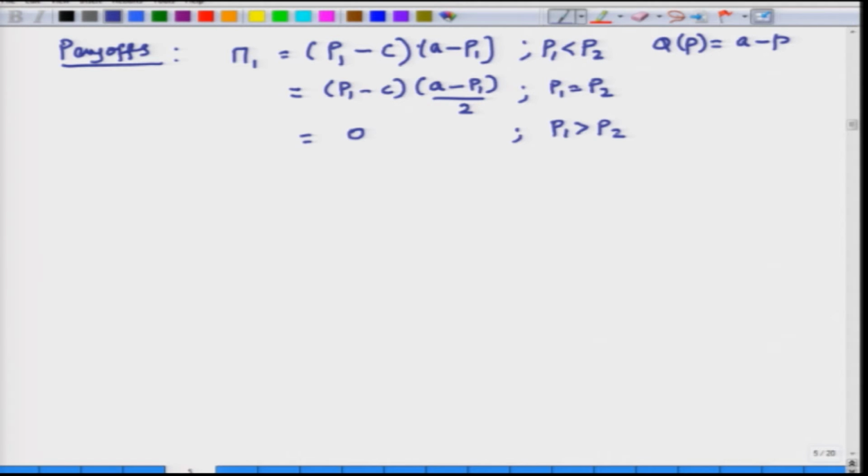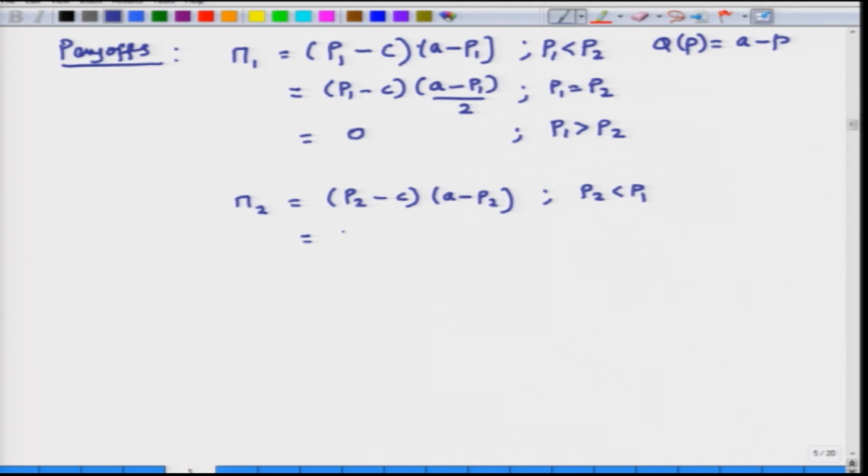And for completeness, let us also write down the profit of firm 2. Firm 2's profit again is total revenue minus total cost. That is going to be P2, the price that it charges, minus the marginal cost, times the quantity that it sells. The quantity that it sells will be A minus P2, provided P2 is less than P1. If the price charged by firm 2 is lower than the price charged by firm 1, then it gets the entire market demand.